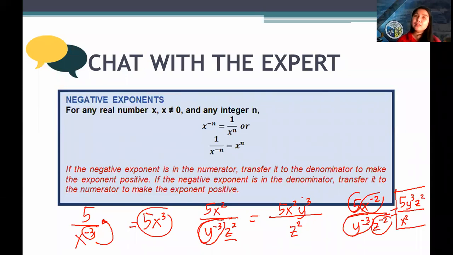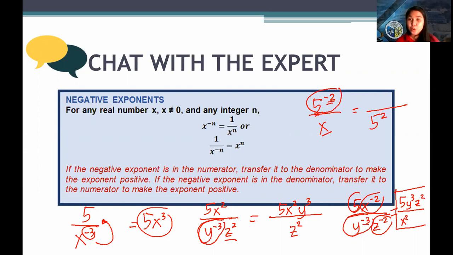Ma'am, when will the number transfer? Let me give you an example. 5 to the power of -2 over x. The number has a negative exponent, or numerical coefficient, so it must be transferred. It will go down. 5 squared.